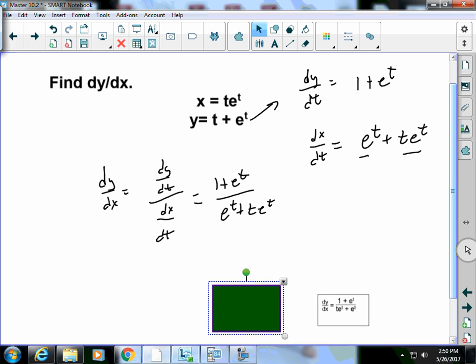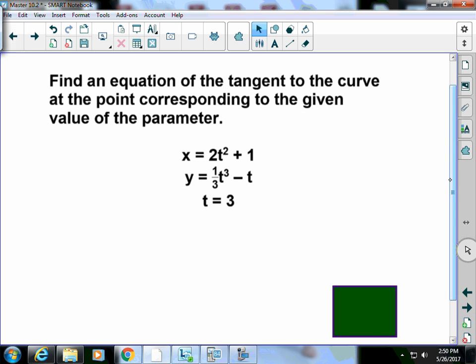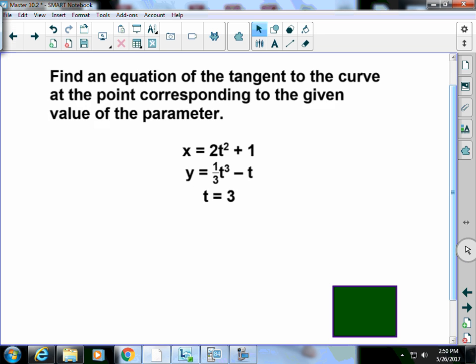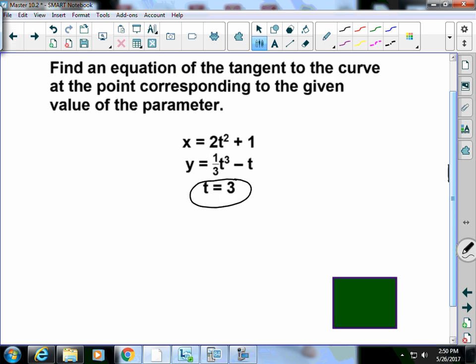All right, let's look at another problem. It's finding the equation of a tangent to the curve at the point corresponding to the given value. So they're telling us what t they want us to look at. If I want to find the equation of the tangent, I need the slope, which means I need dy/dx.